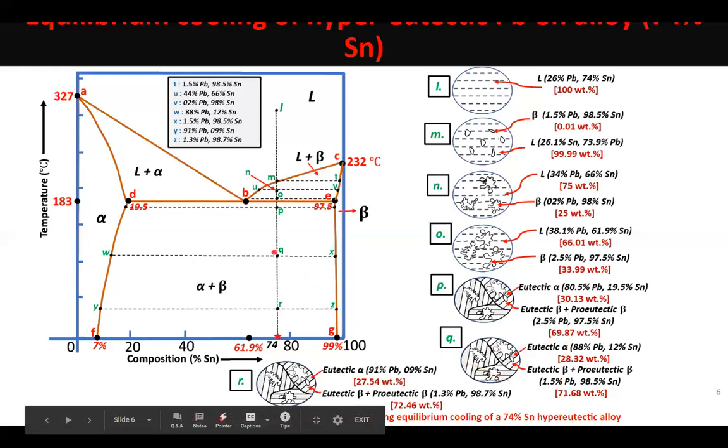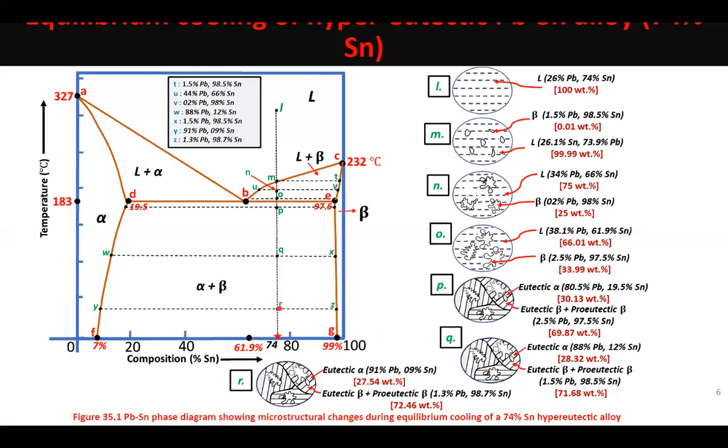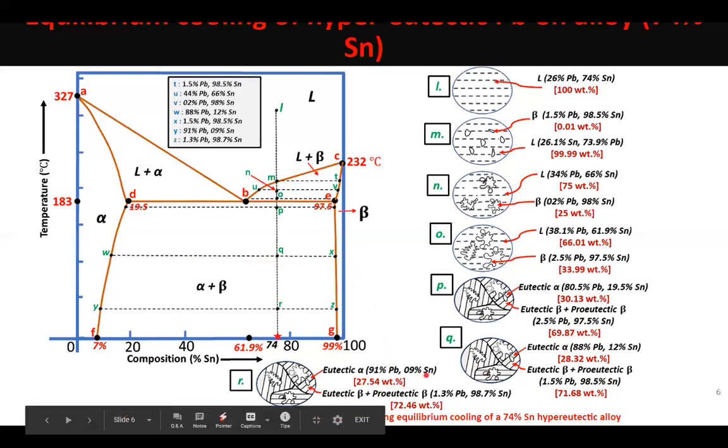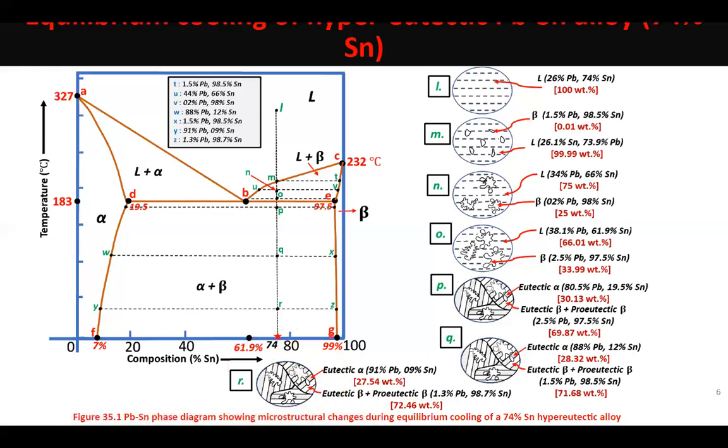Similarly, when you go from Q to R, that is you reach room temperature, alpha which was containing 12% here and 1.5% here would have fallen even further in terms of solubility of their solutes. So here you now see that alpha is only 9% tin and beta is only 1.3% lead, and this is the final microstructure.